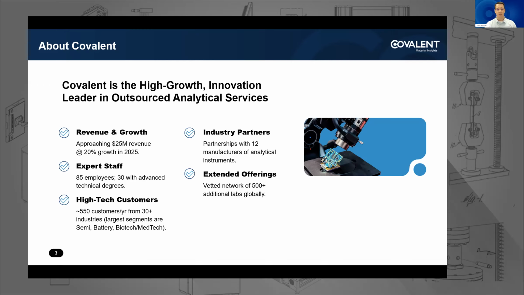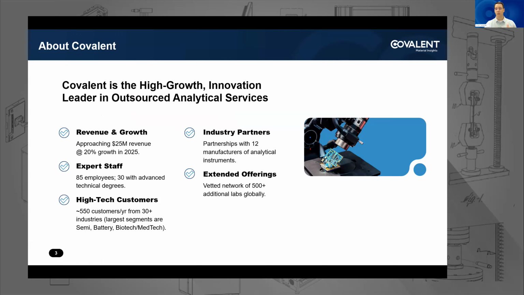We work with the highest tech customers in all industries, about 550 different customers per year, coming from 30+ different industry segments. To make sure that we can provide the best equipment and analytical services, we develop partnerships with manufacturers of analytical instruments. We currently have 12 active partnerships.